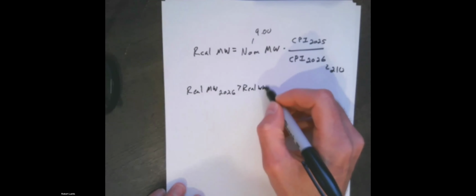If I know that the real minimum wage is greater in the new time period, but that the nominal wage in both time periods didn't change, the only way that is true is if this fraction is greater than 1, in which case this numerator must be greater than the denominator, or that CPI in 2025 must be greater than 210.